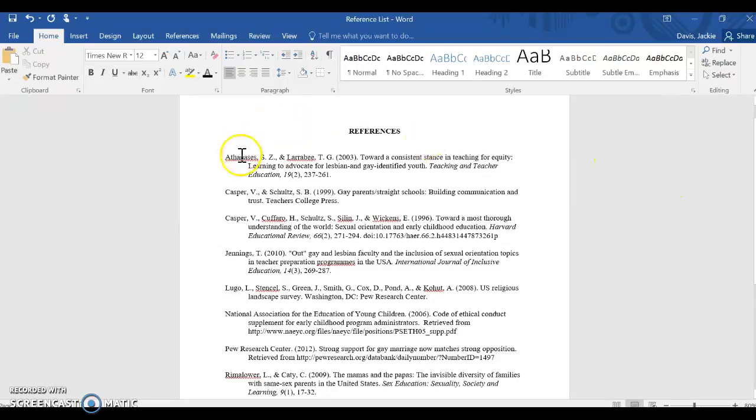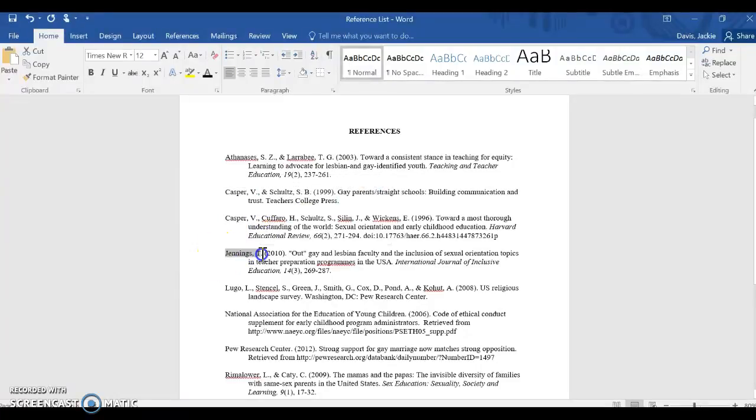The first thing you need to know is that you are going to list your references in alphabetical order by the first author's last name. So you can see my first author is Athanasius. The next first author is Casper. The next first author is Casper again.